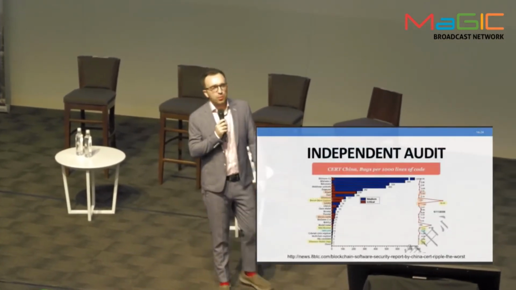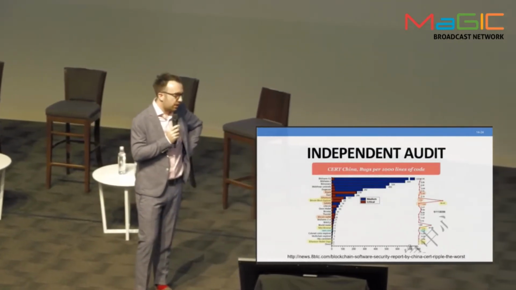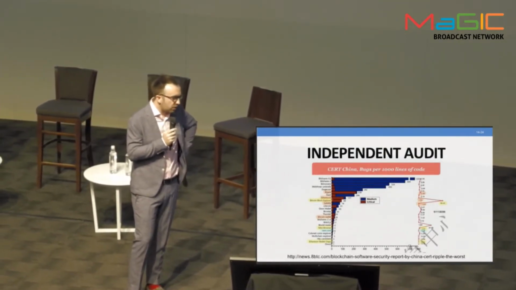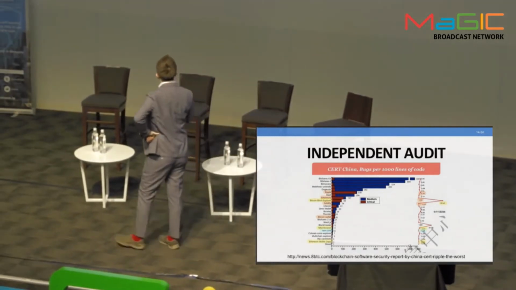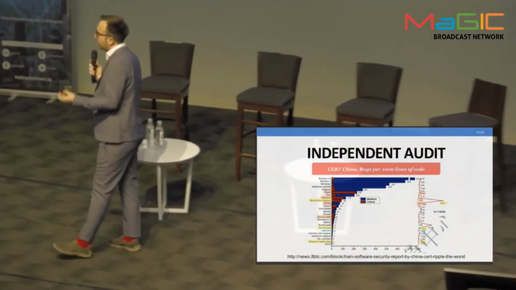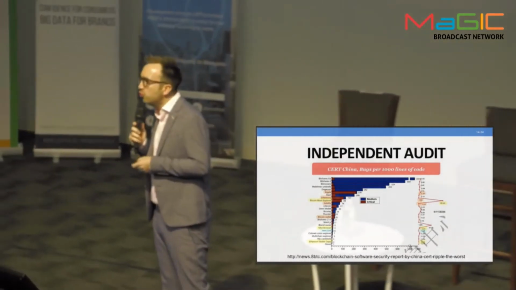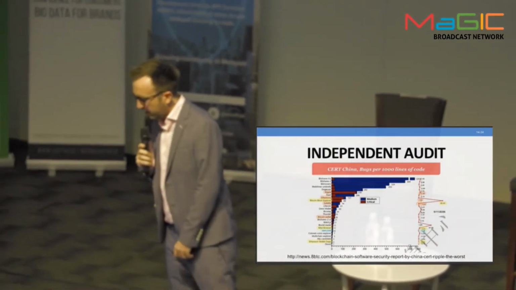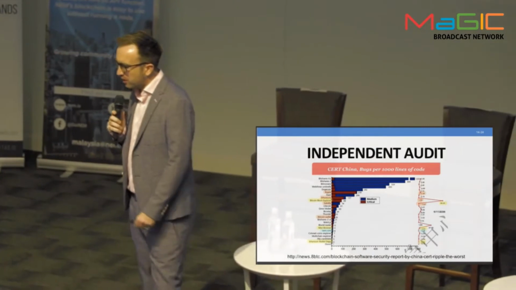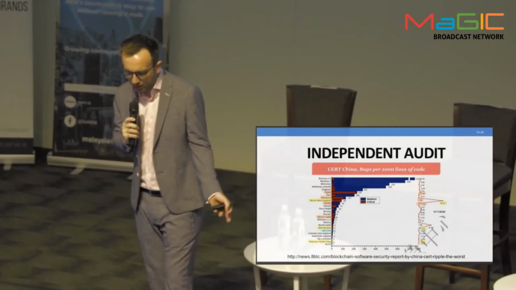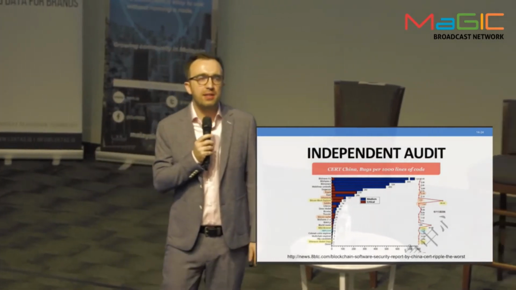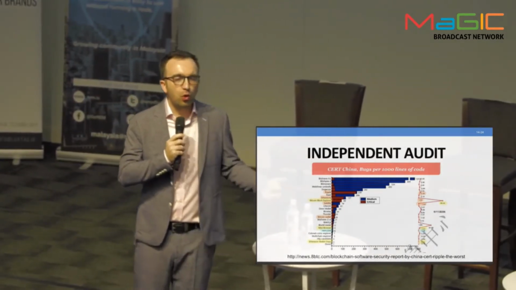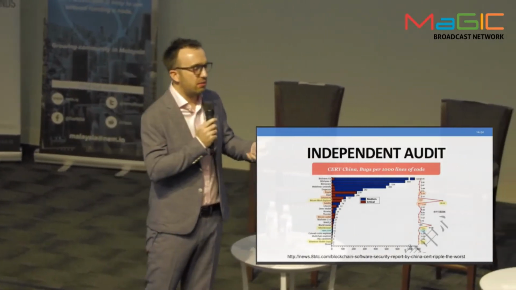Well, this audit, this is one of the graphs which shows in the green color, the fifth from the bottom, fifth, sixth, NEM is written there as one project with very few bugs. When you look at the other projects, for example, Ripple, Ethereum, they are quite complicated, with a huge code base, where it's normal, yeah?